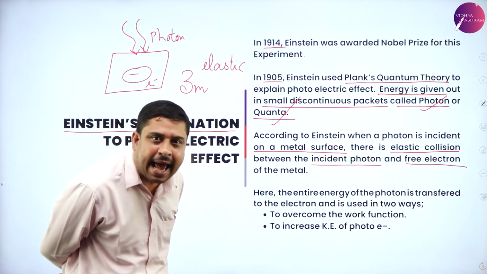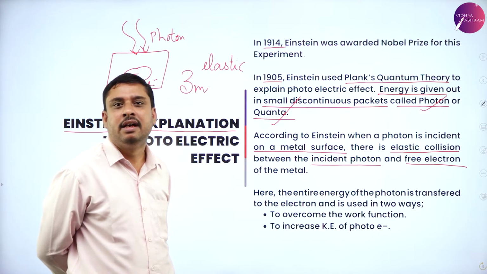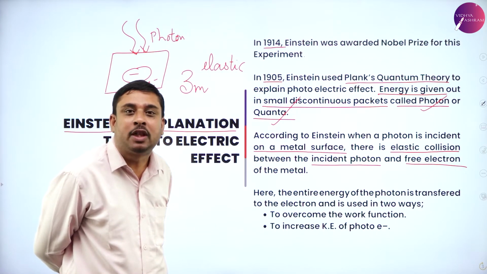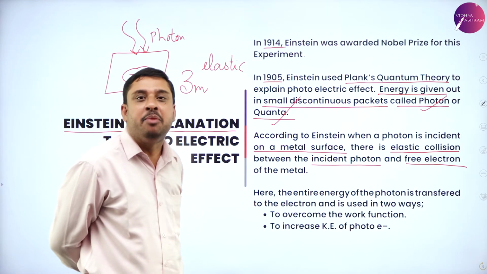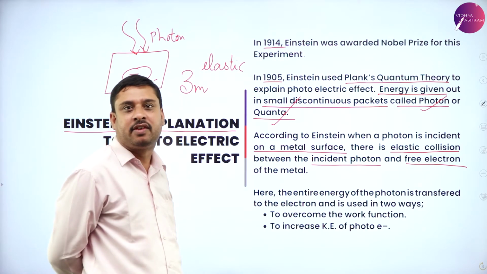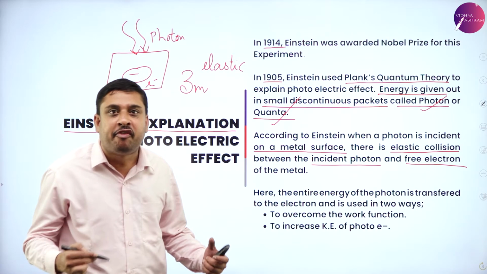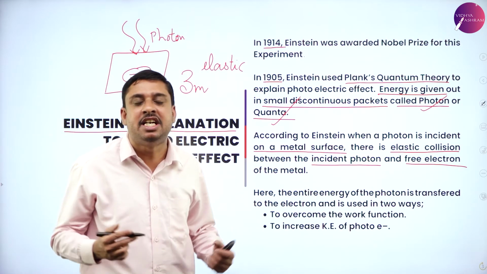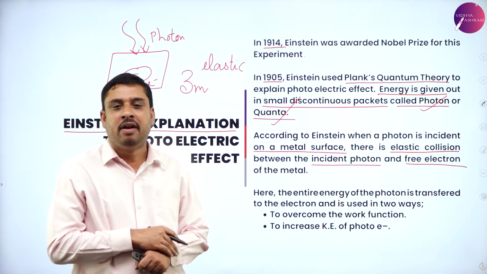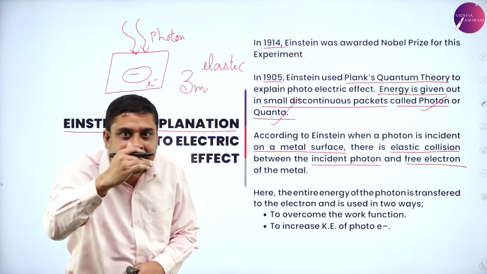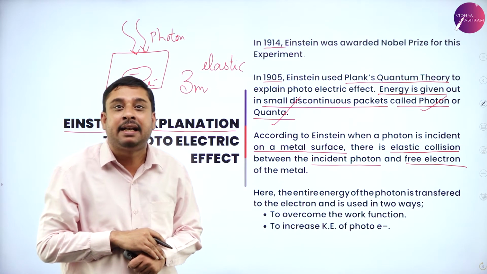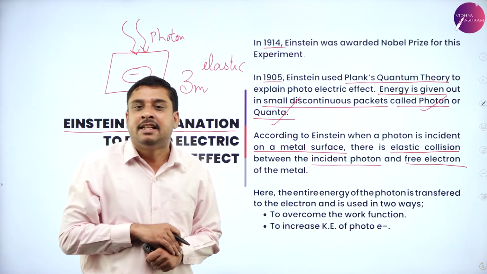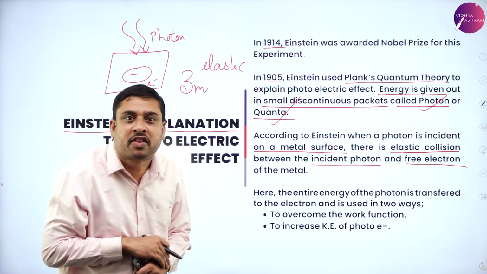Now, what is this elastic collision? It is a type of collision where both energy and momentum is conserved. When a photon, which we called packets of energy, falls on the metal, it collides elastically with the free electron of the metal.